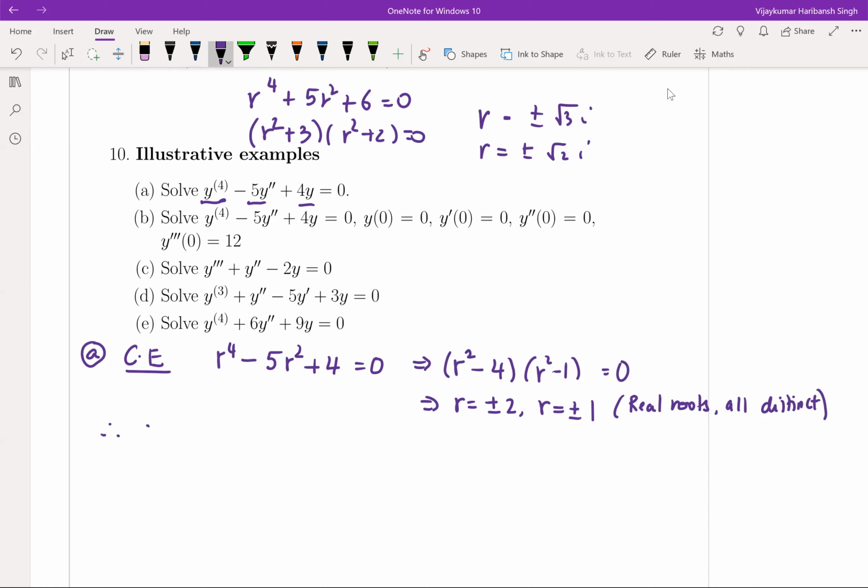So therefore, what are the solutions? So y of t, this is a general solution, by the way.